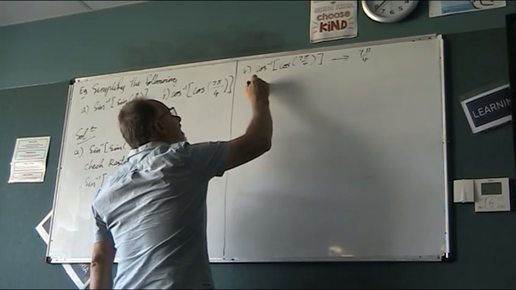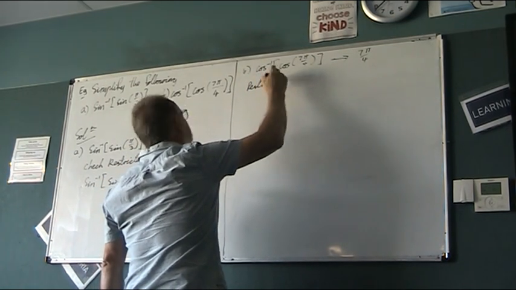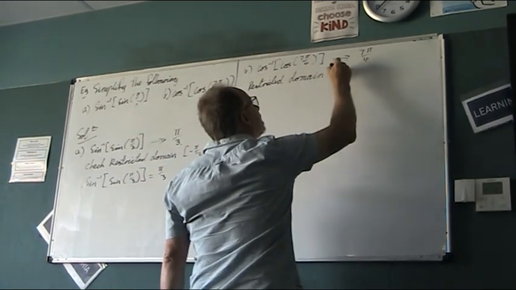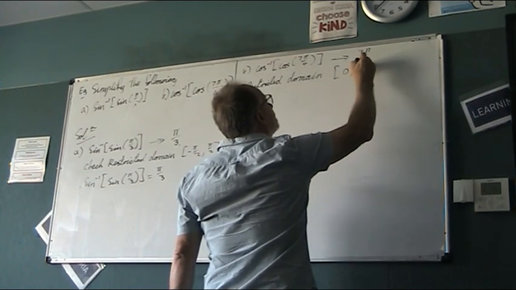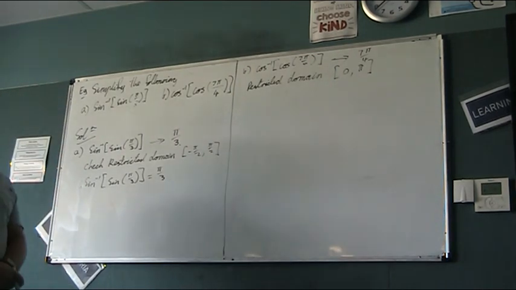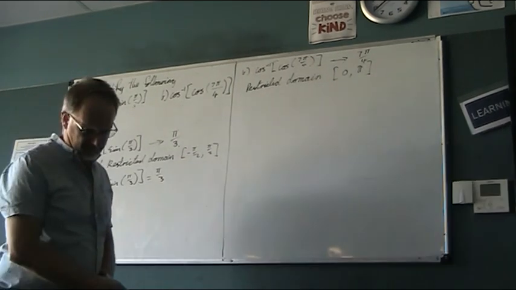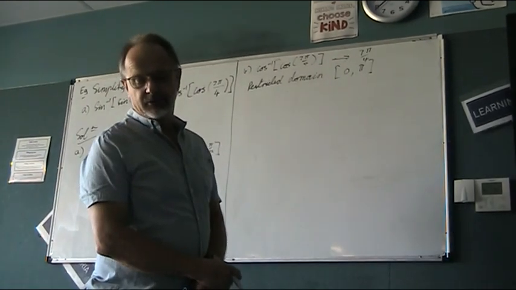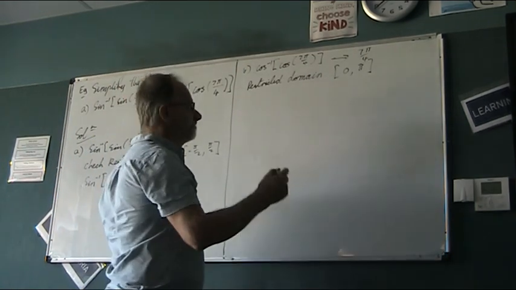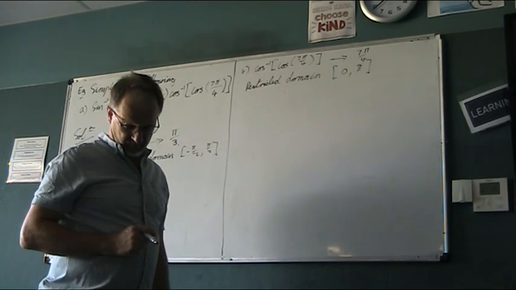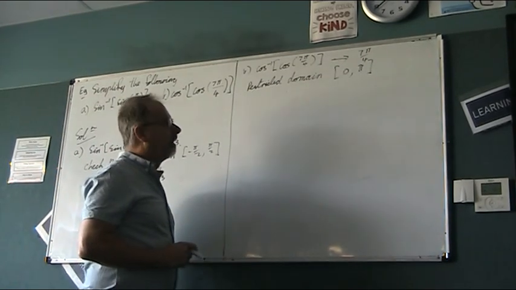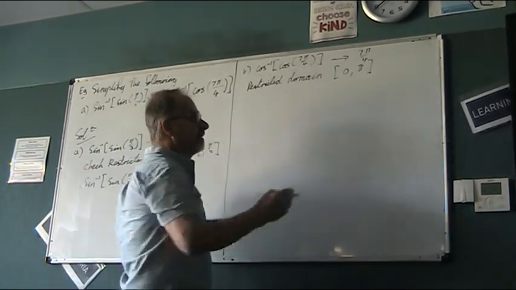Our restricted domain, however, is 0 to pi. Now 7 pi on 4 is clearly not between those. So what we need to do is figure out where else we might be able to find this angle.